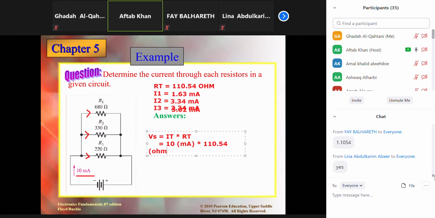Okay, ohm. So we know something. Ohm multiplied by amps will give me the unit which is called volts. Do you know this one? Ampere multiplied by ohms will give me a unit which is volts. Clear?